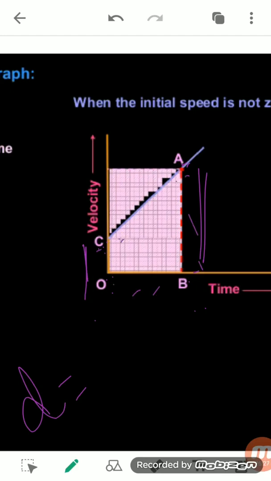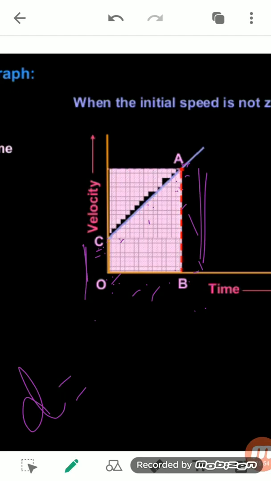You see, these two are parallel to each other while the other two are not equal to each other. They are four-sided, so this is representing a trapezium. So to find the distance traveled by the body, that distance will be equal to the area of the trapezium.